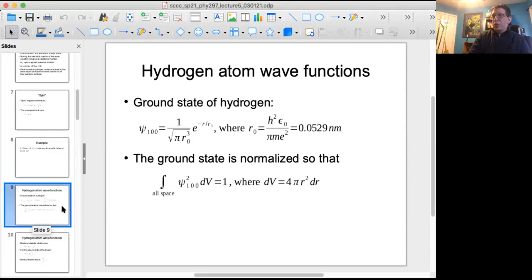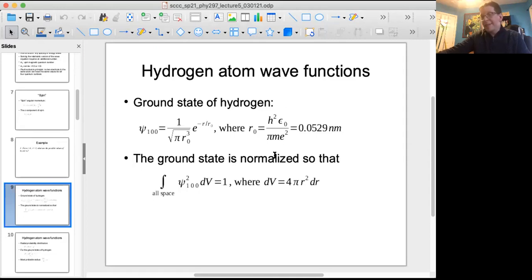So now let's take a look at the wave function. So this is the wave function for the ground state of hydrogen, not getting into the relativistic version of this. So psi 100 is equal to 1 over the square root of pi times r naught cubed times e to the negative r over r naught, where r naught is the Bohr radius, which is 0.0529 nanometers.